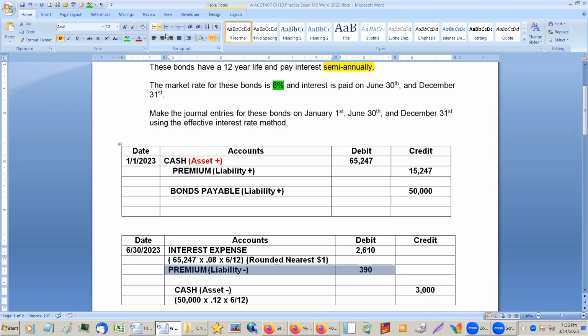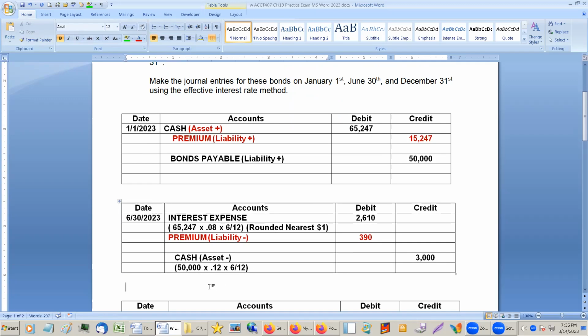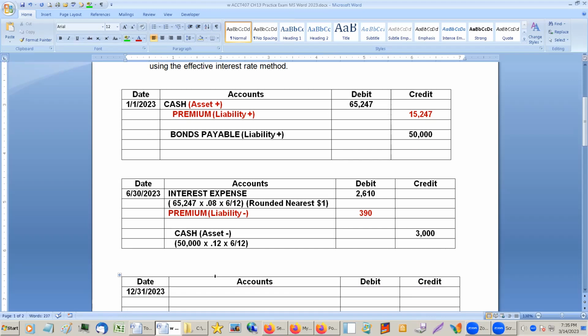And eventually that premium will go down to 0.